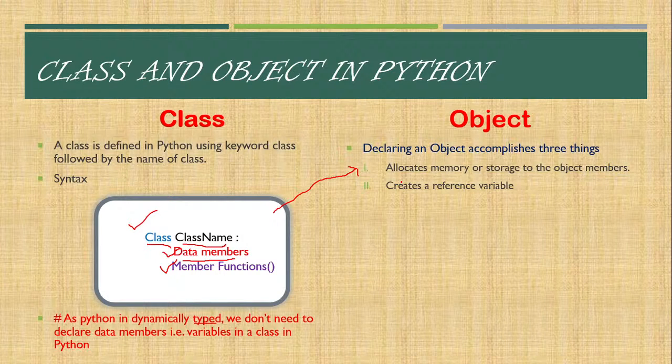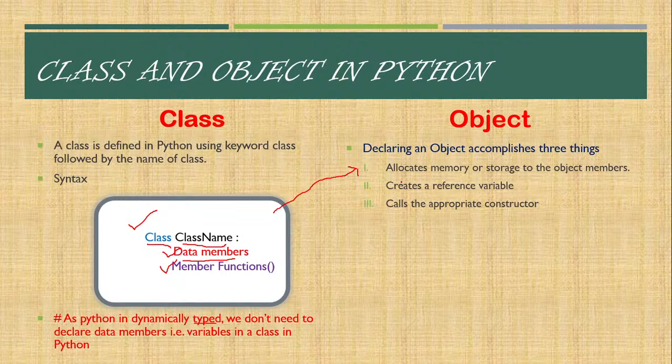The second thing is that a reference variable is created, so that the object will be given some name. And then, when the object is created, a specific method is called implicitly. We need not call it explicitly, and that method is the constructor method.